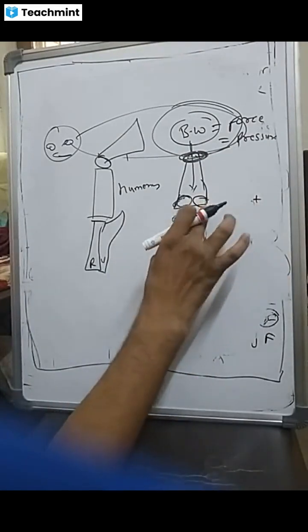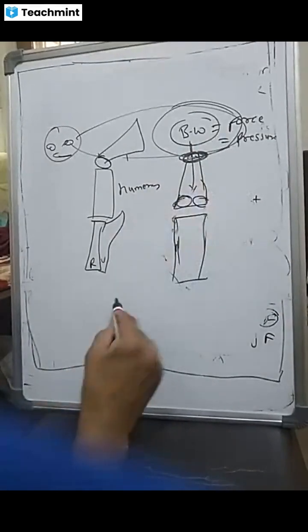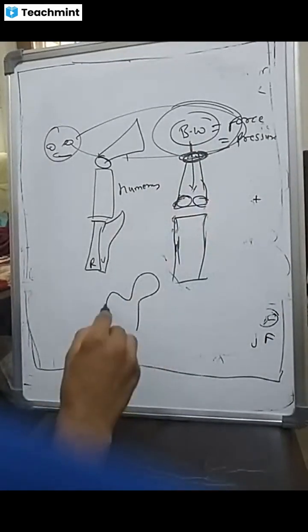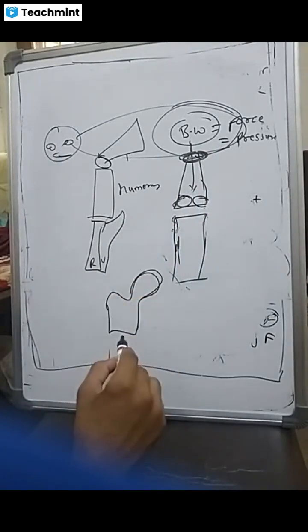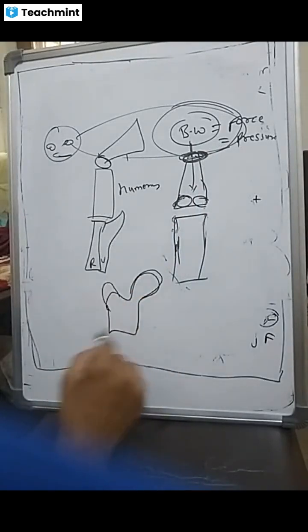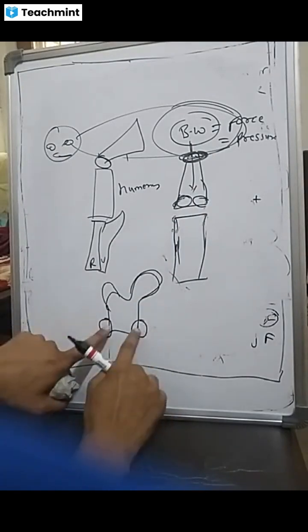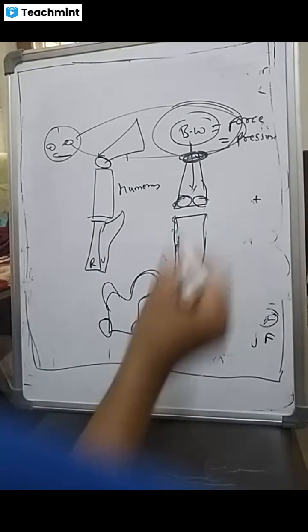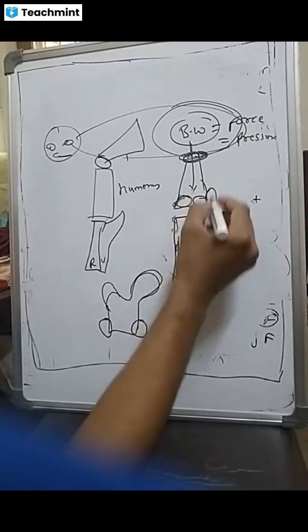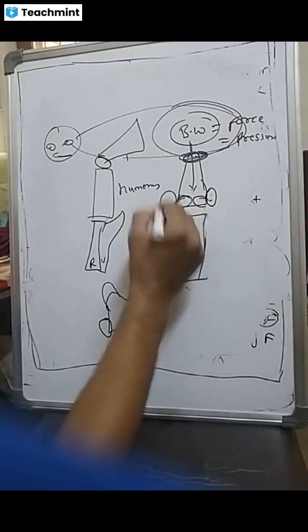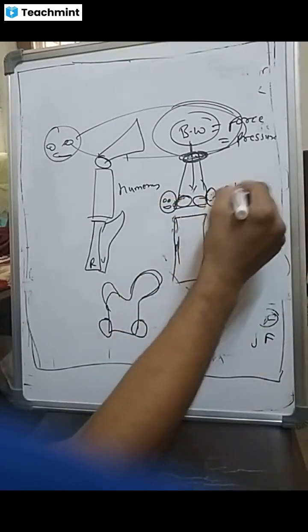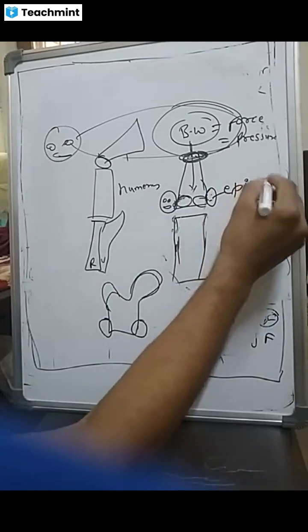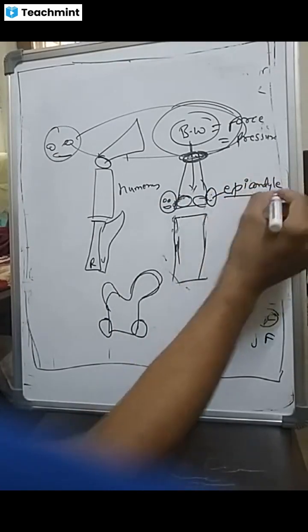But if we look at the structure of bone, this is the head. There are some projections on the side of the bone. These are known as epicondyles.